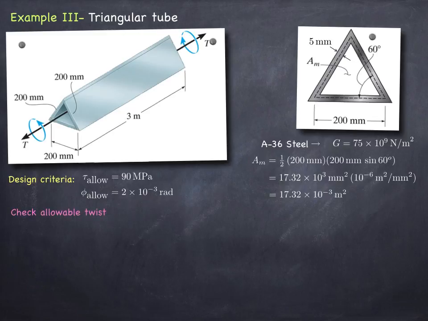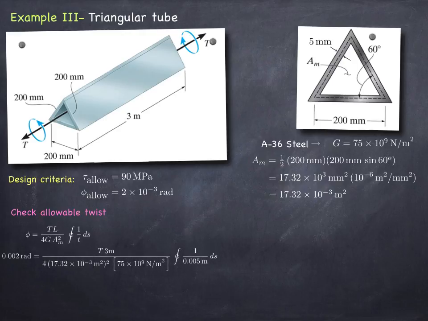We can first check allowable twist to see what torque causes us to reach that allowable twist. So the formula we have to evaluate is this. On the left-hand side, the tip twist, the allowable twist is set to 0.002 radians. And on the right-hand side, we need to evaluate 1 over t times ds. And lucky for us, for this cross-section, the thickness is constant, so it just can be pulled out of the integral.